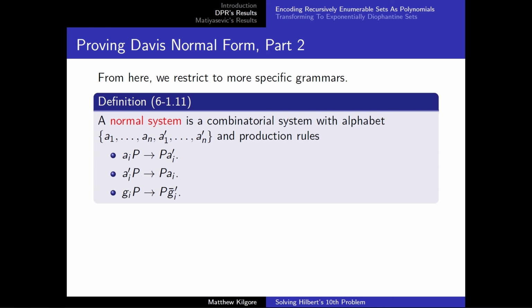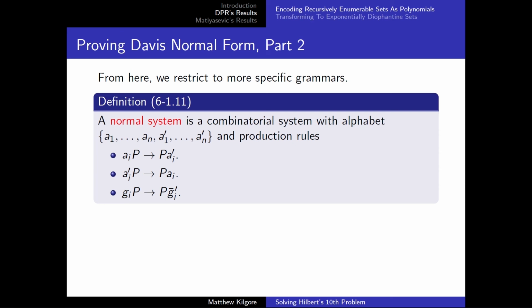Now, I know this is a bit cumbersome of a definition. This is because Davis originally defines normal systems as a resulting system when applied to a different one. I believe he calls it a semi-Thue system.